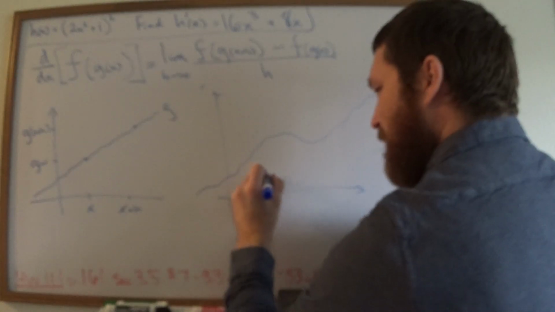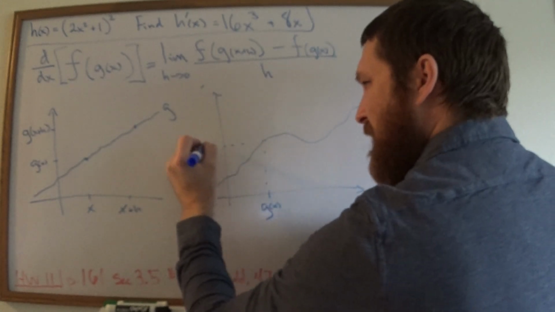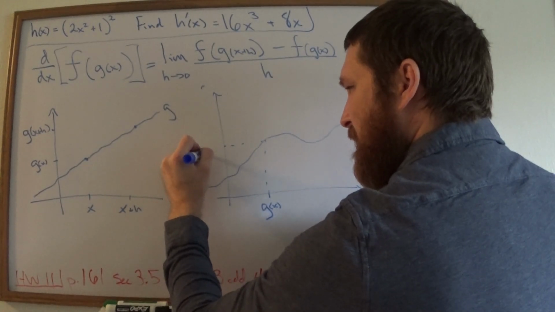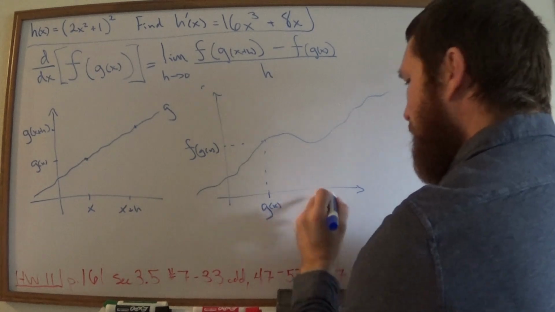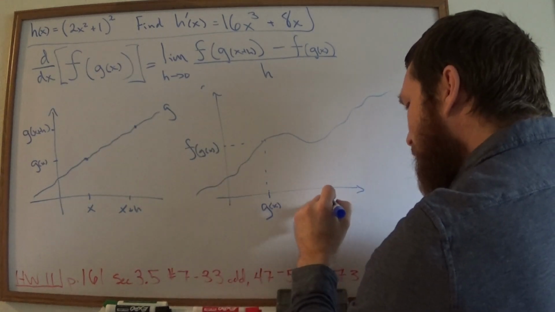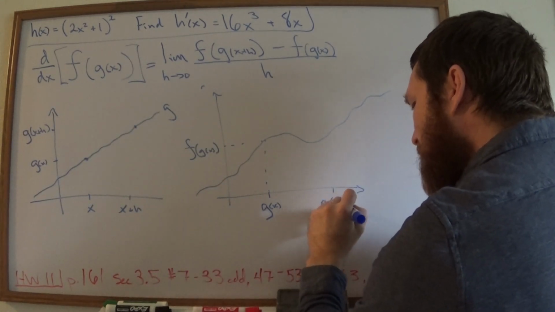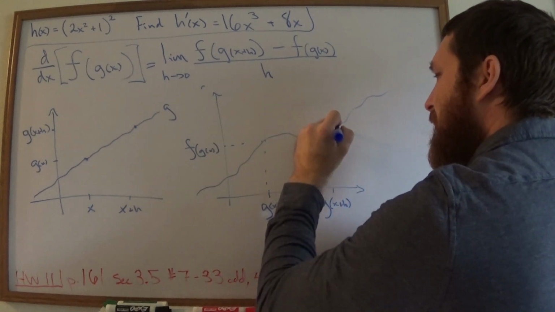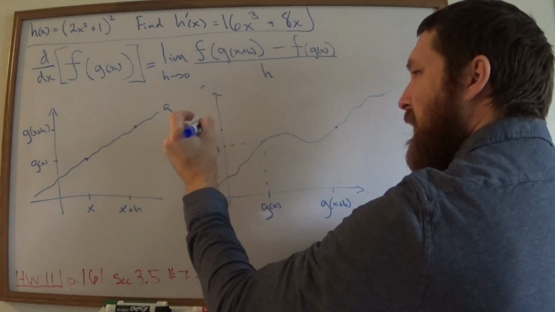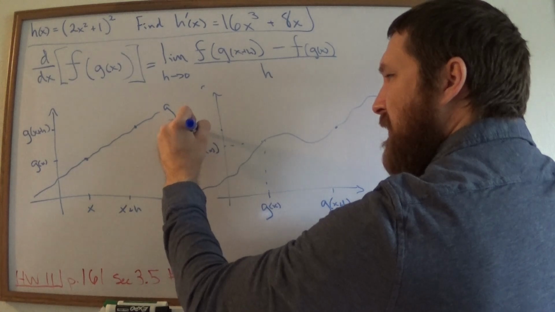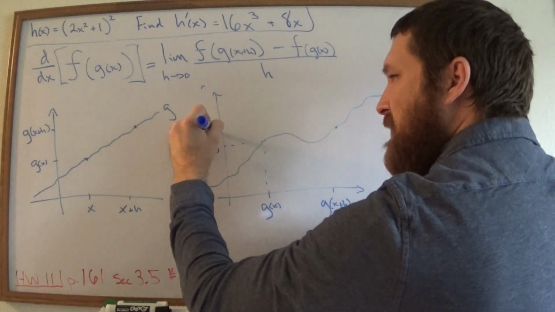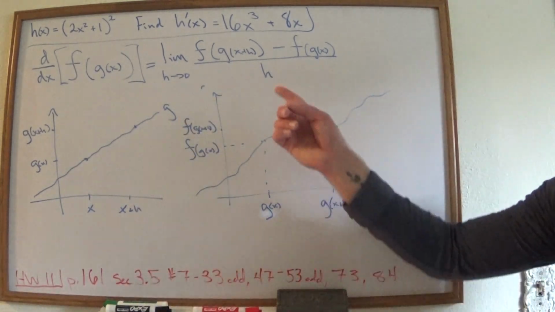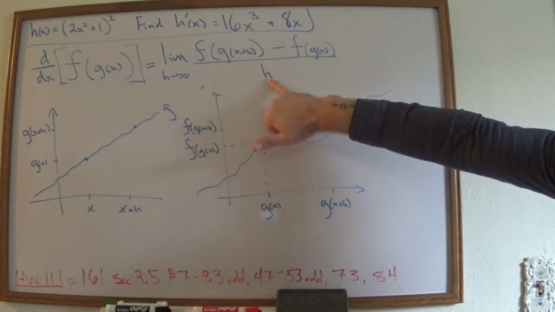Taking g of x and plugging that in and getting an f of g of x. Then I'm taking that value, plugging it in, g of x plus h, and out pops f of g of x plus h.